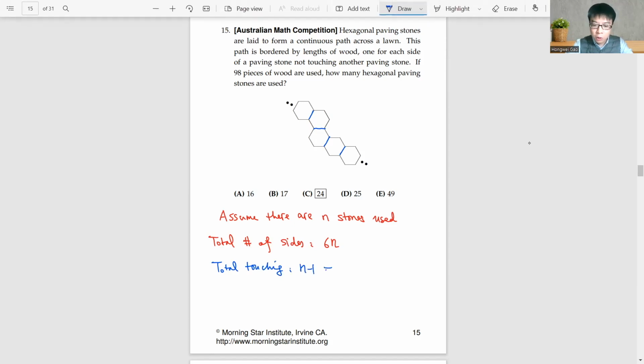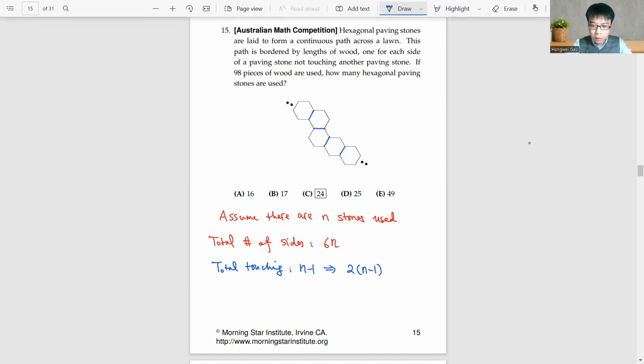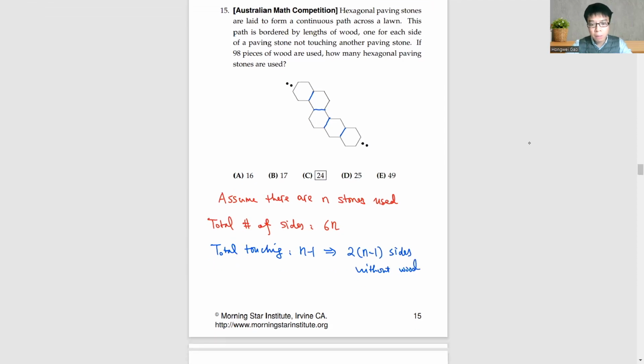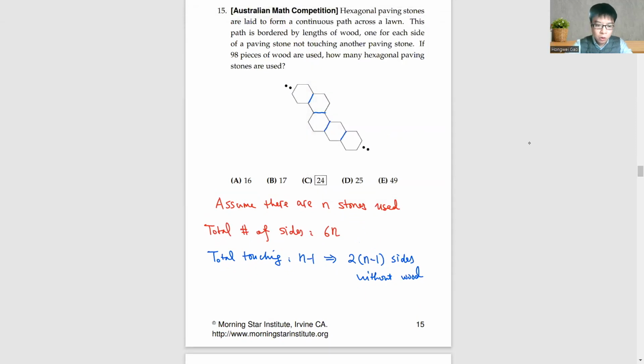That corresponds to, because each touching is 2 sides, they touch each other, 2 times n minus 1 sides without wood. In this way, we compute how many sides we have wood, which is 6n minus the sides without wood.